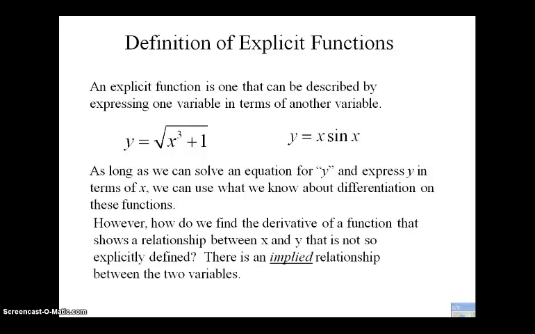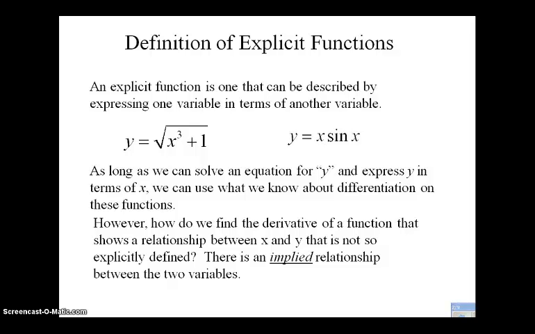As long as we can solve an equation for y and express y completely in terms of x, we can use what we know about differentiation on these functions. We learned lots of rules: product rule, quotient rule, chain rule, all kinds of rules in order to be able to find the derivative. However, how do we find the derivative of a function that shows a relationship between x and y that's not this explicitly defined?